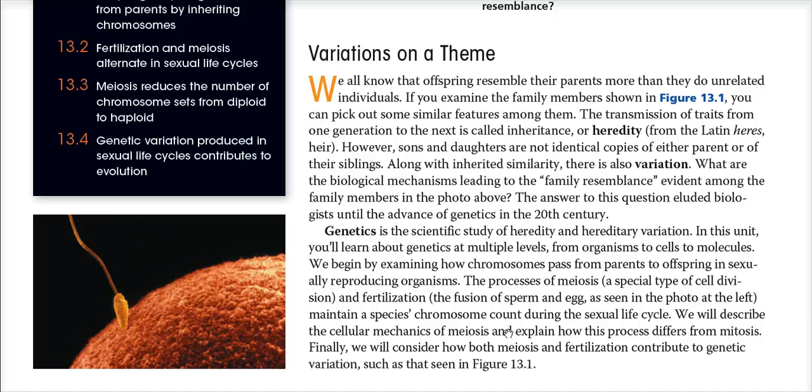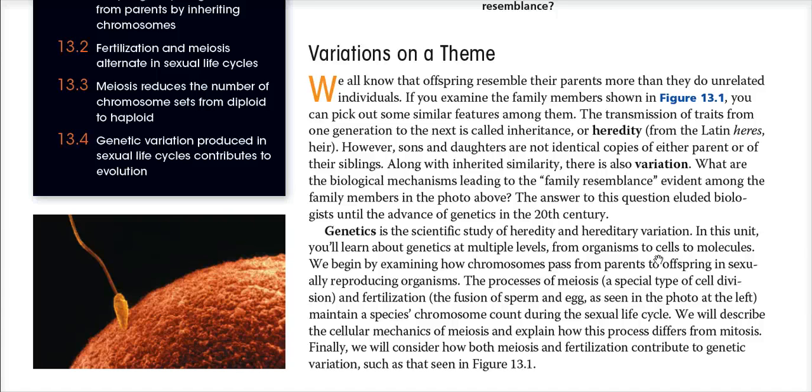Look how they said: we begin our study of genetics in this chapter by examining how chromosomes pass from parents to offspring in sexually reproducing organisms. This is very important, and you're going to go back to this when you're done with the chapter notes, to make sure you can understand what they're talking about. They're giving you a game plan. So let's go read this together.